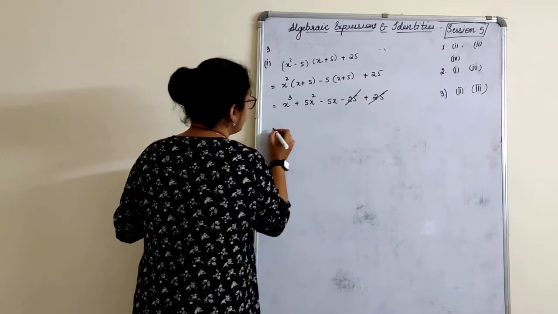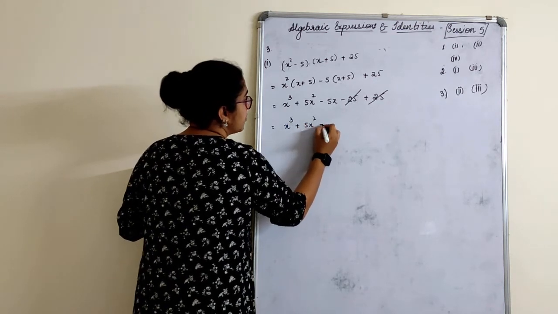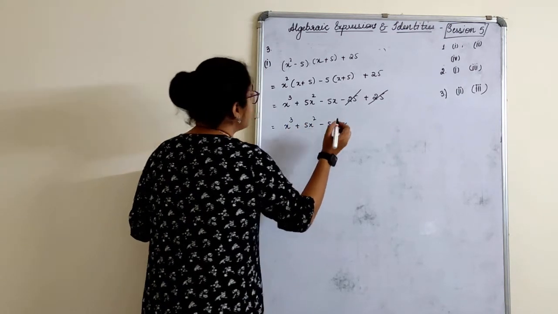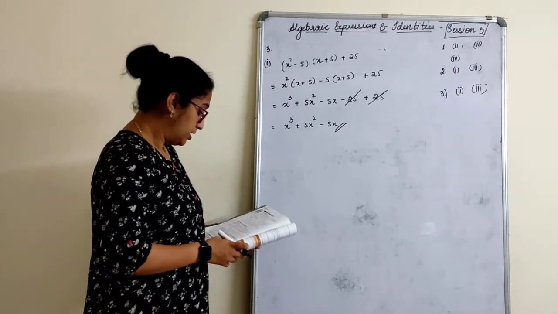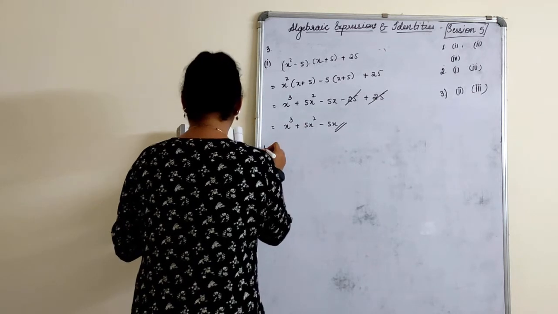Minus 25 plus 25 cancel. Answer: x cube plus 5x square minus 5x is your answer. Similarly, the second one I have given for homework, the third one also I have given for homework.